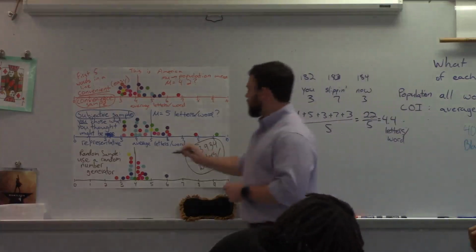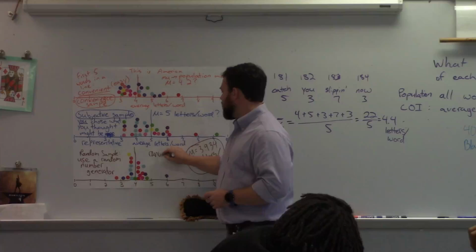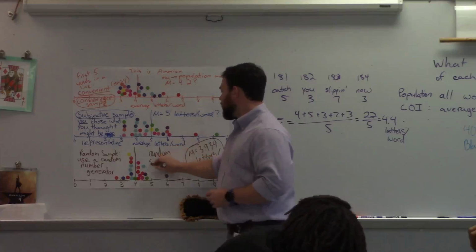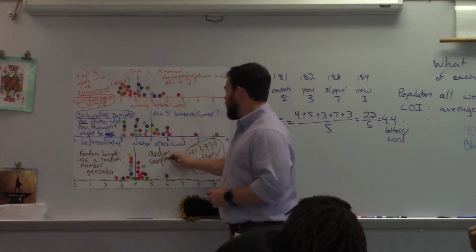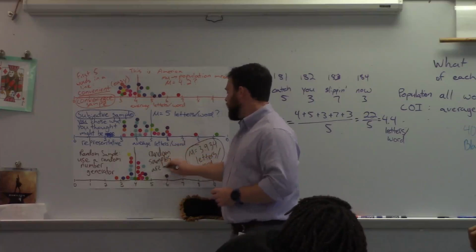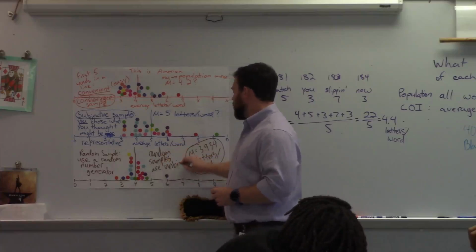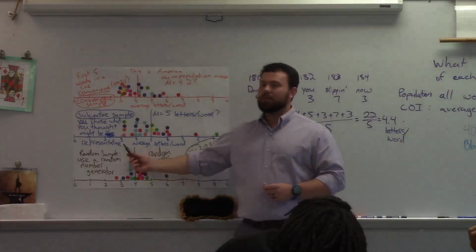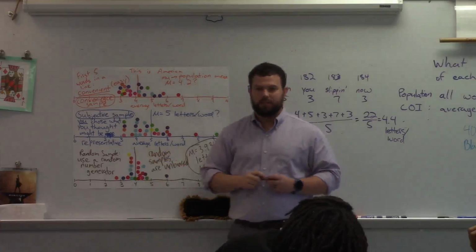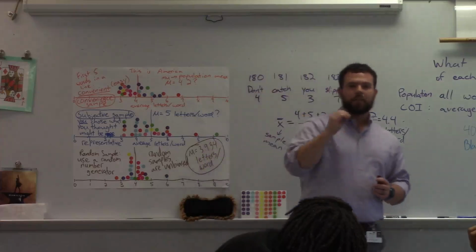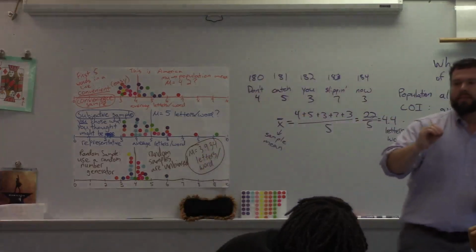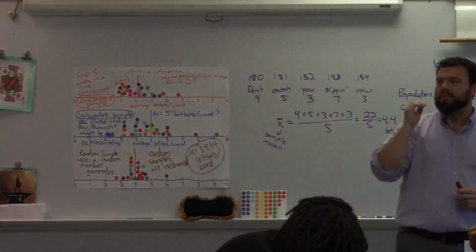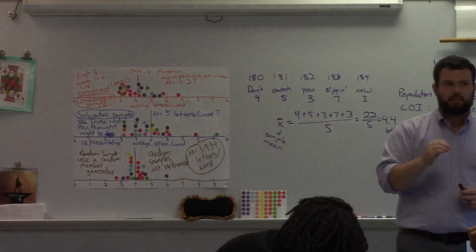Random samples are unbiased, meaning their samples are what? Representative of the population. Random samples are unbiased, so they are representative of the population.